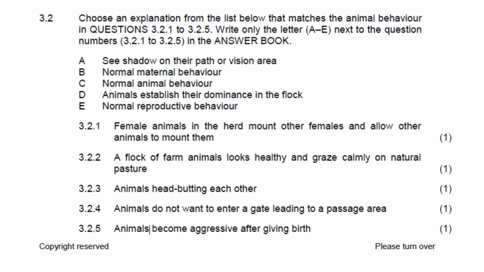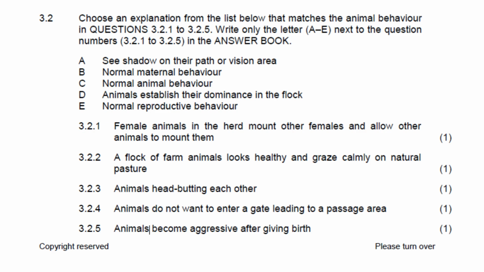They are just grazing nicely on their natural pastures, right? So obviously we have scratched out E. We don't have E there. Now looking at the options that we have, the best option that we can select there is option C, which is normal animal behavior.